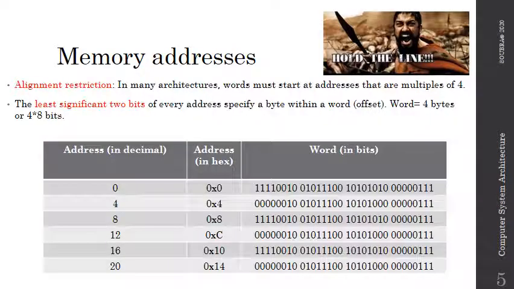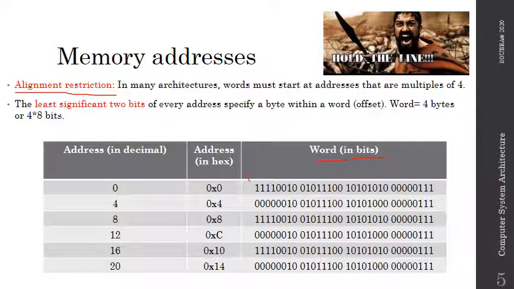Alright. One of the main things that I tried to explain in the last face-to-face lecture is the fact that in most of the architectures, there's a constraint that is called the memory alignment restriction. And the whole idea is to organize the memory in 4 bytes of words.